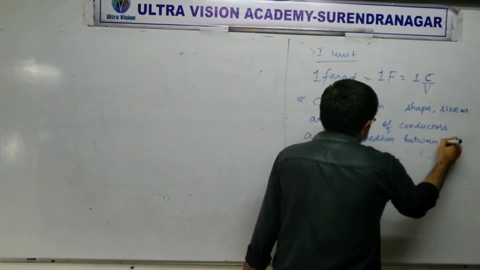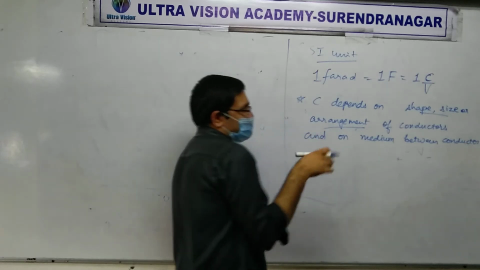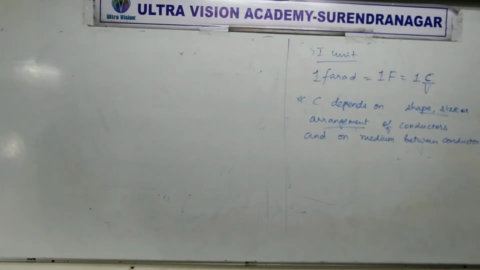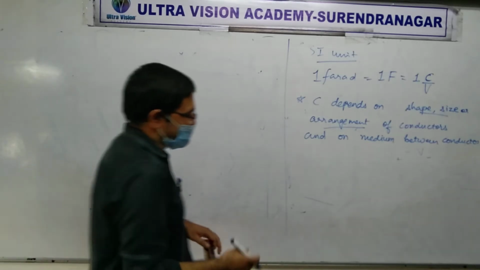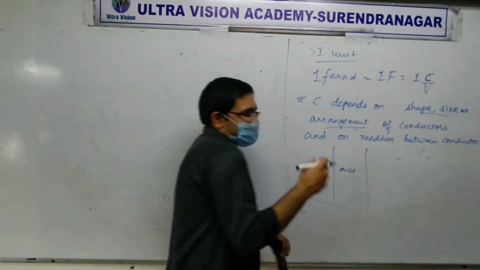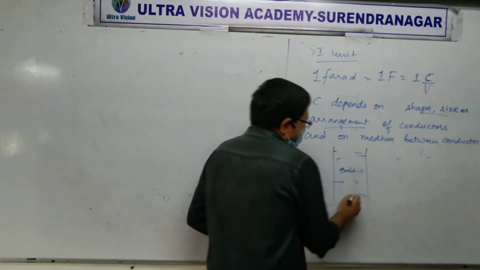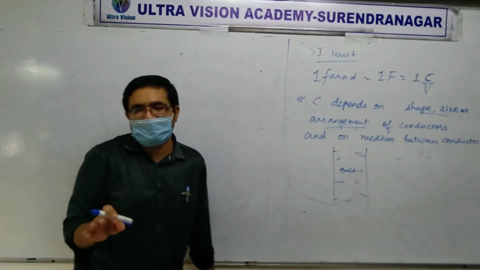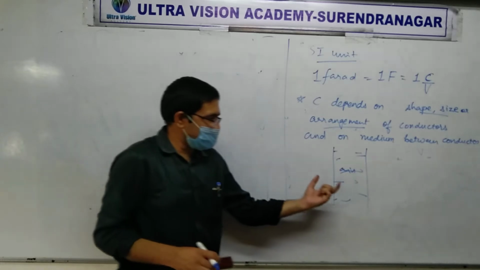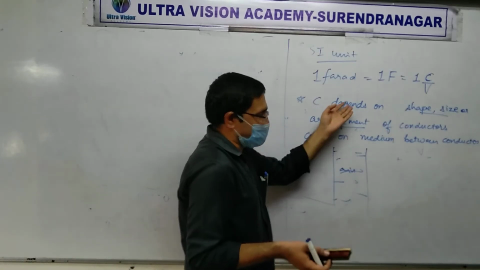So it actually depends on two things. One is shape, size, geometry and how they are placed, etc. And it also depends on what is between the conductors. Suppose you have got two plates like this. When it's air, capacitance will be different. If you fill that with oil, capacitance will change. Did you understand? The capacitance will depend on what medium is between them, between the plates or between any kind of shapes where there are conductors.